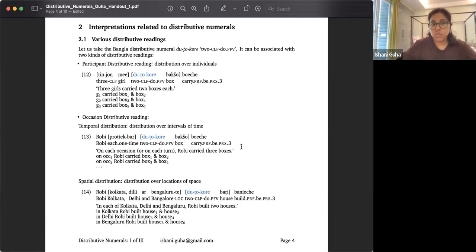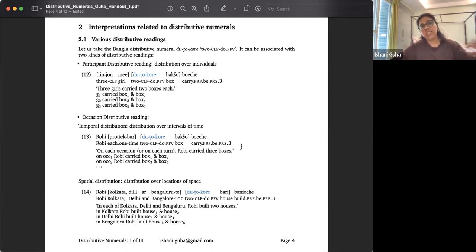So this is what is called the participant distributive reading. That is, there is a plural in a sentence containing a distributive numeral. In 12, that is duto kore baksho, numeral indefinite. There is another noun phrase, a plural. So what the numeral says is that I share these objects, namely two boxes, to each of the atomic individuals in that plural, right?